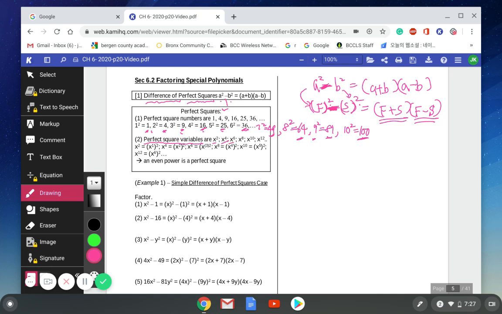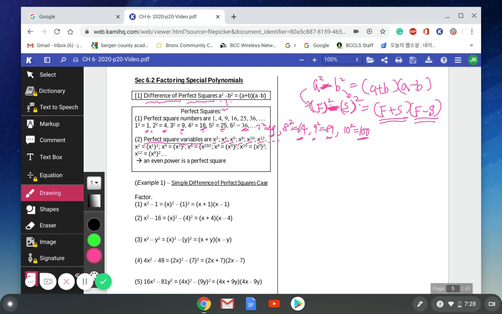X to the 6th power is a perfect squared variable because 6 is a multiple of 2. X to the 8th is a perfect squared variable because 8 is a multiple of 2. And x to the 10th and x to the 12th and on and on. So every even power is a perfect squared variable because you can express it in terms of a square or a multiple of a square.